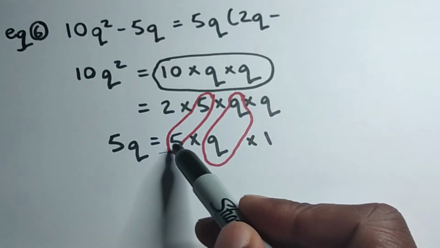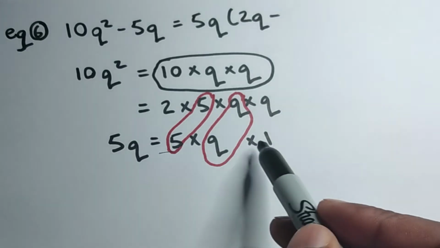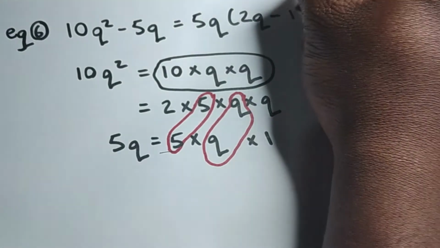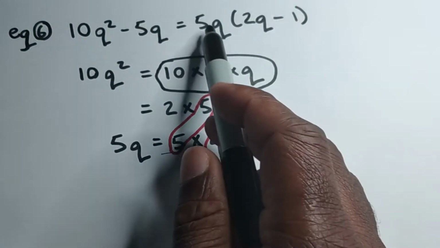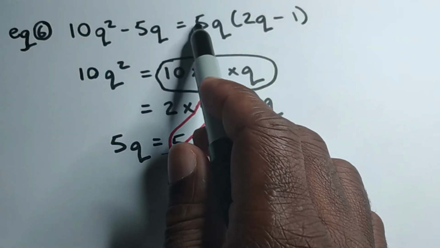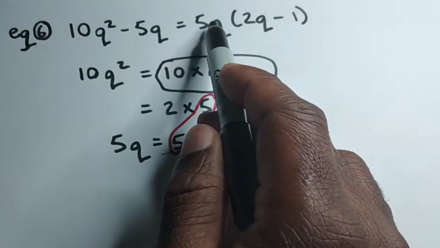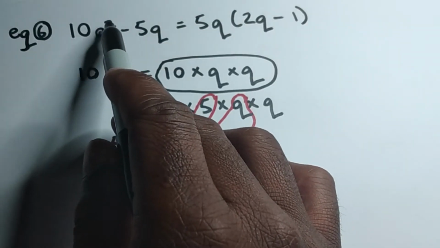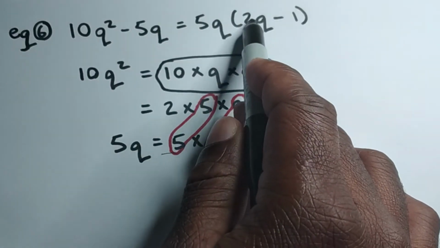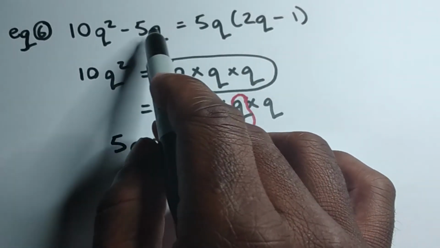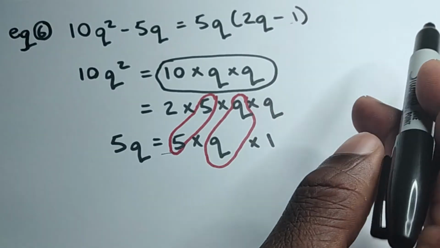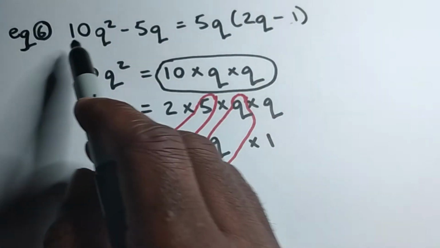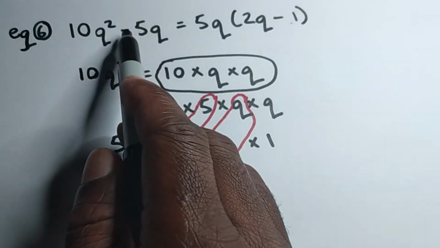And if we factor out 5Q out of this right here, we're only left with the 1. So that's why I wrote it here. What we did pretty much is divide each term by the common factor, which is 5Q. If we divide 10Q squared by 5Q, you will obtain 2Q. If you divide 5Q by itself, of course, you'll obtain 1. All right. So that's how we would factorize 10Q squared minus 5Q.